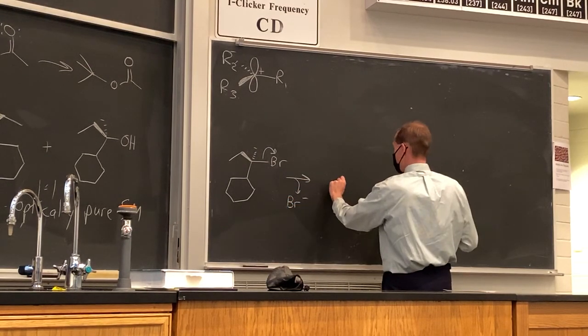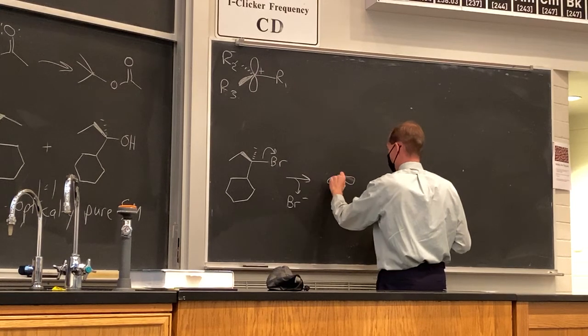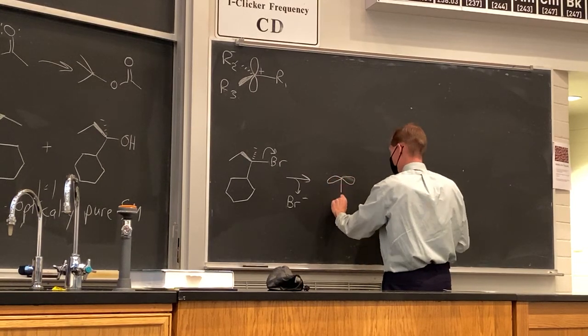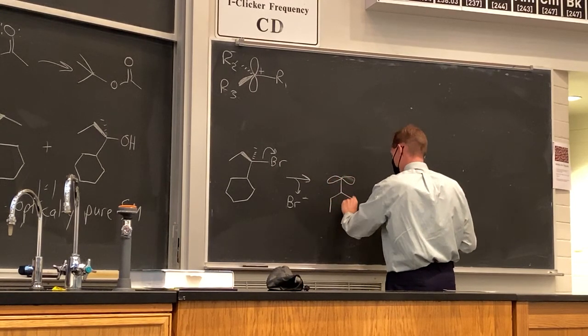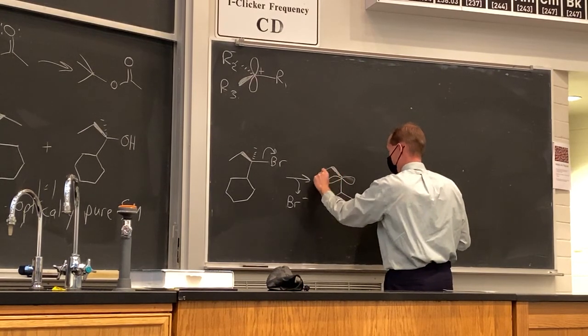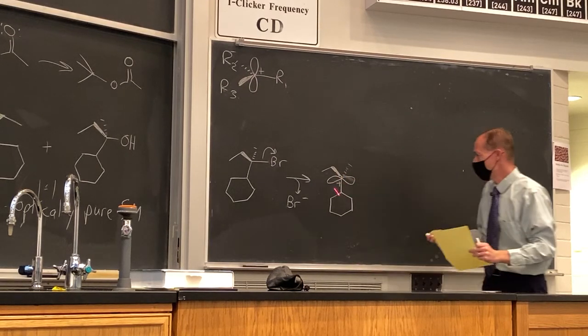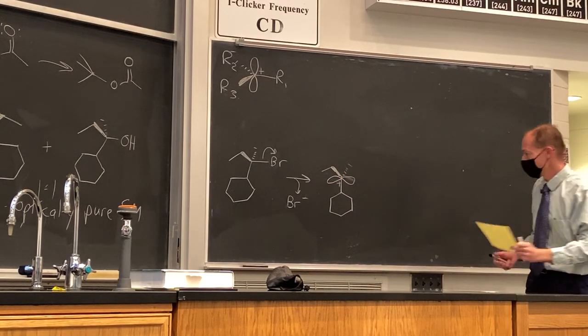And then I'm going to draw this carbocation on its side. That wasn't a very good p orbital. Okay, so here's our carbocation that we get.